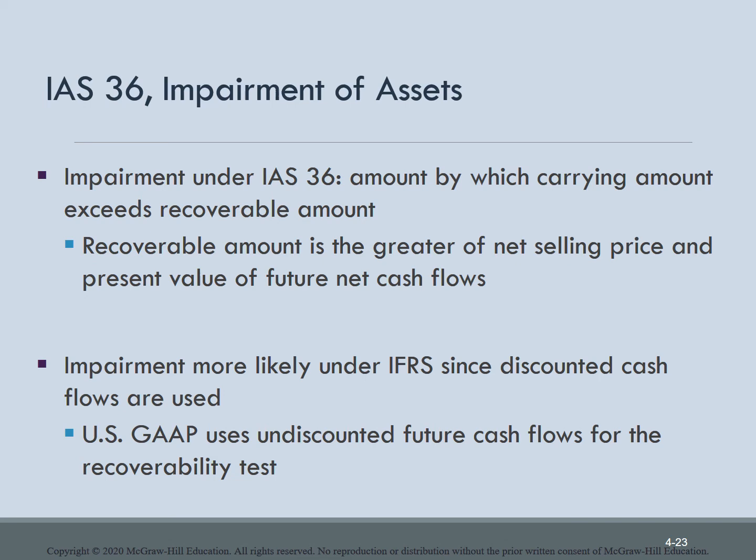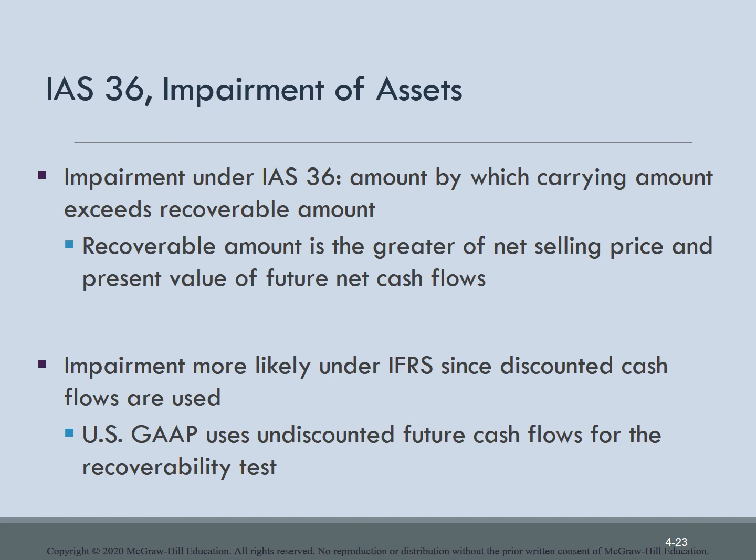So the rules are basically similar under US GAAP and IFRS. The tests are slightly different. Impairment under IAS 36 is the amount by which the carrying amount exceeds the recoverable amount, and the recoverable amount is the greater of the net selling price and the present value of the future cash flows.